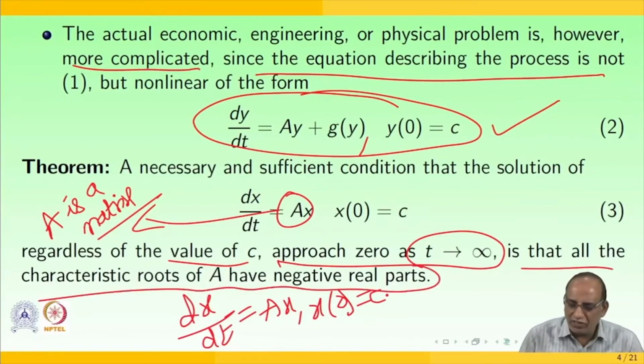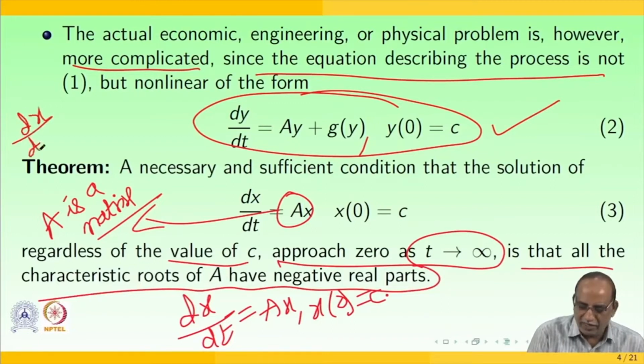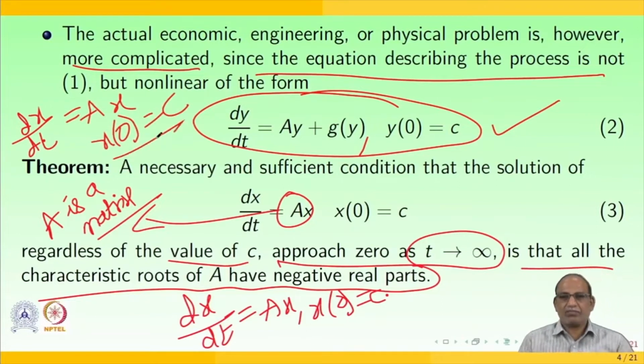So that means when you write dx/dt = Ax, x(0) = constant c.